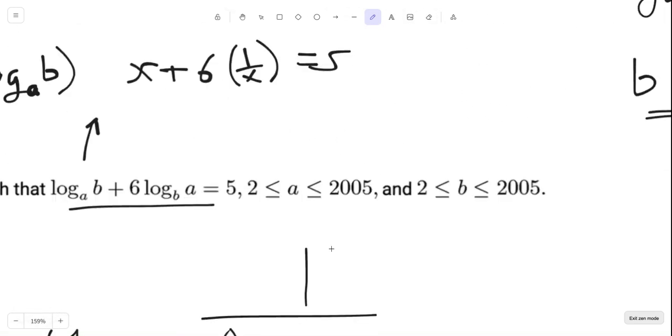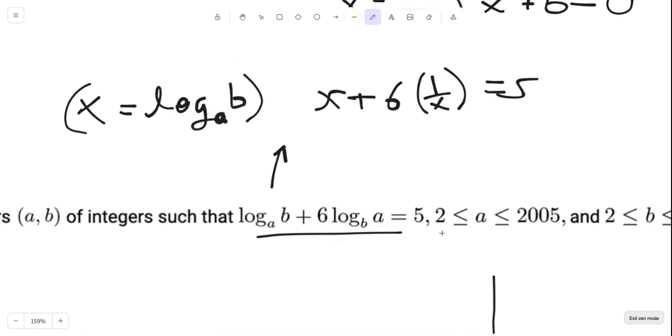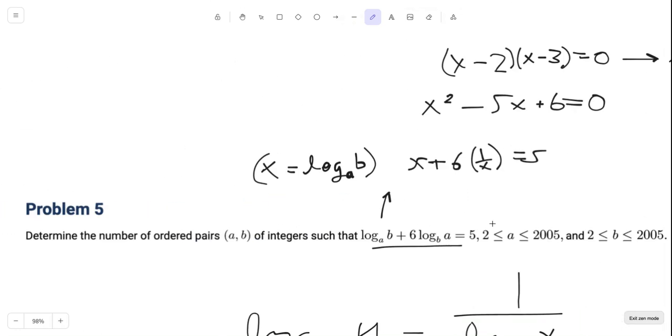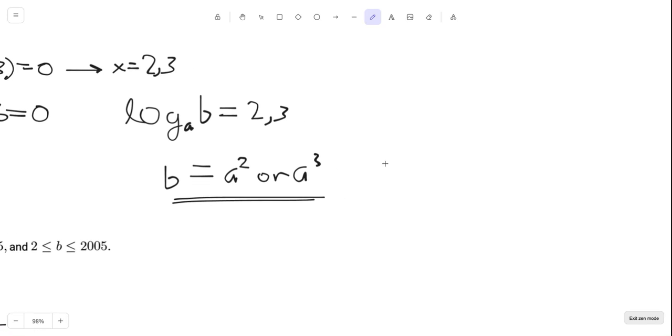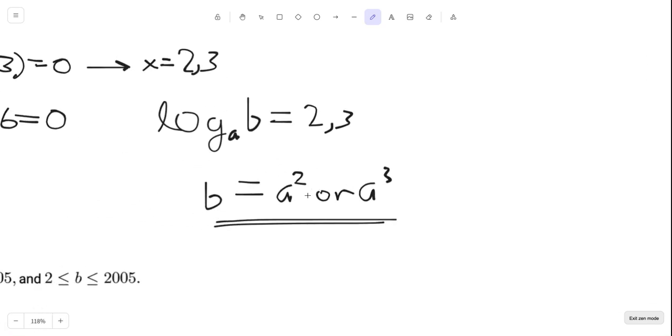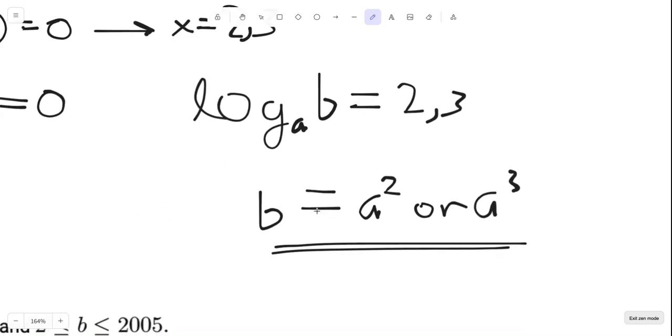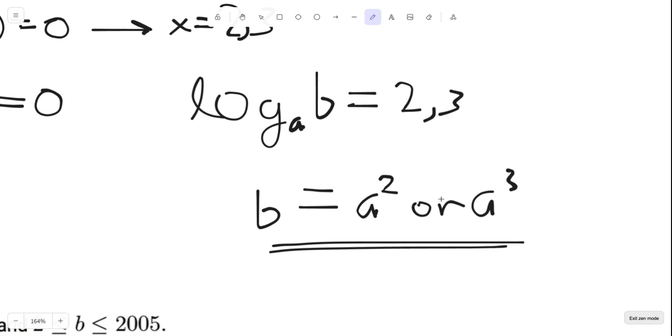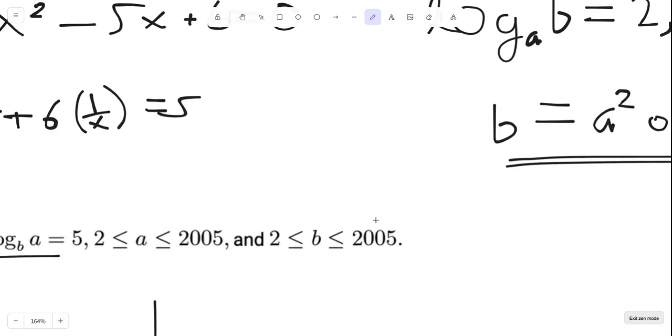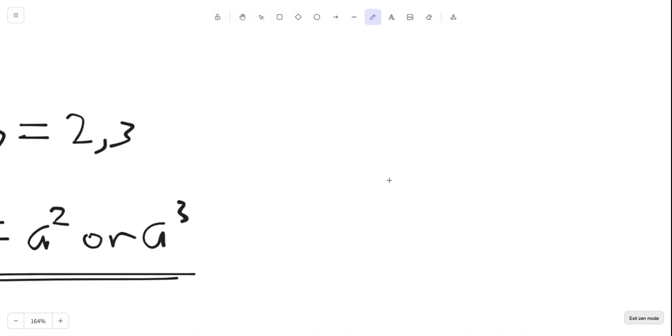So now all it's asking us to find is the number of integers bounded between 2 and 2005 that satisfy this. In other words, we have to find the number of perfect squares and perfect cubes which are less than 2005. And a must start at 2, because a cannot be 1 apparently.